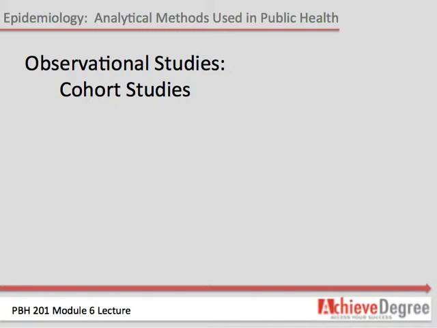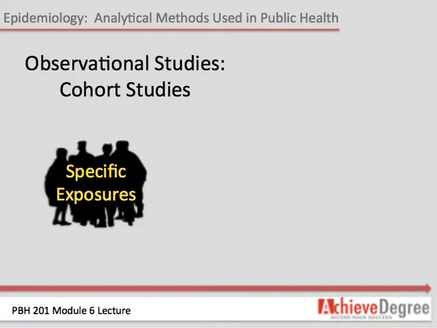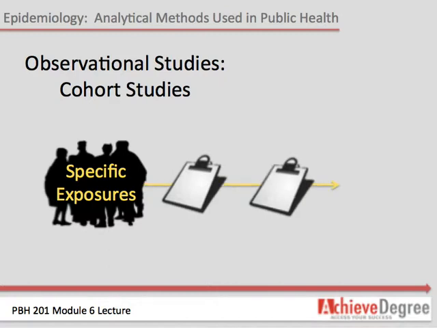They may identify individuals with specific exposures, such as smoking and lack of physical activity, and study these individuals over a period of time to see if they develop CVD. In fact, we're talking about an actual study called the Framingham Heart Study, which began in 1948 and continues today.